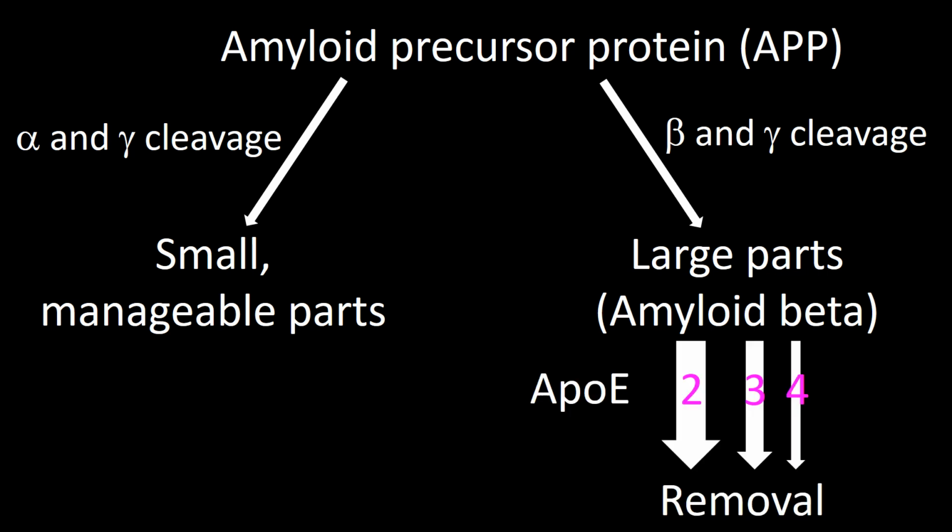Apolipoprotein E2, 3, and 4 are part of the mechanism and appear to be the limiting step in removing amyloid beta. Apolipoprotein E2 removes a lot of amyloid beta, whereas apolipoprotein E4 removes very little.